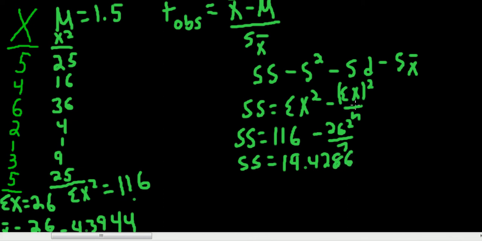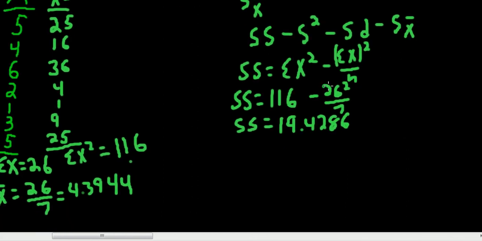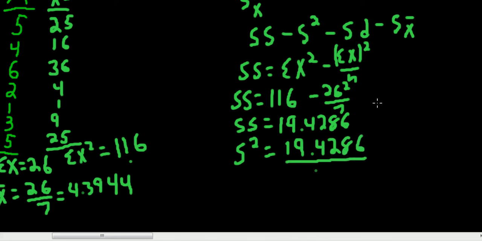To get the variance, we simply divide the sum of squares by n minus 1, so we have 19.4286 divided by n minus 1, which here is 6, which gives us a value for the variance of 3.2381.